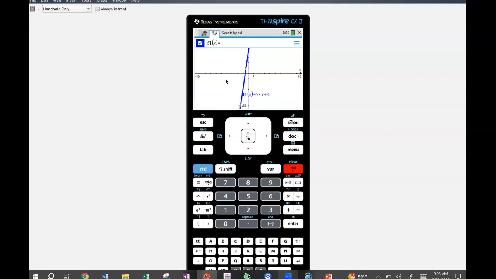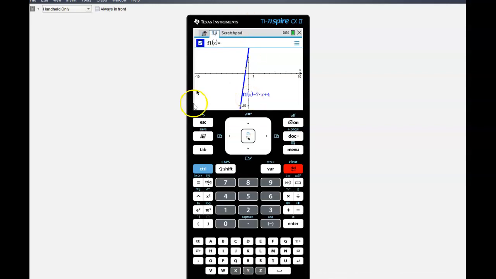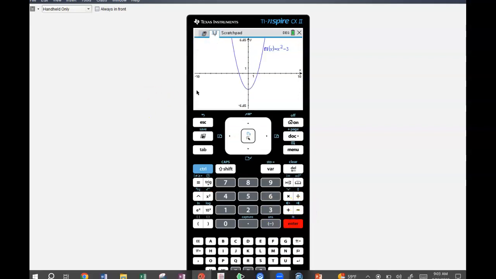Now I want you to put in x squared minus 3. X is at the bottom. Square is to the left of the 4. What was it? Minus 3. Enter. You should get this.